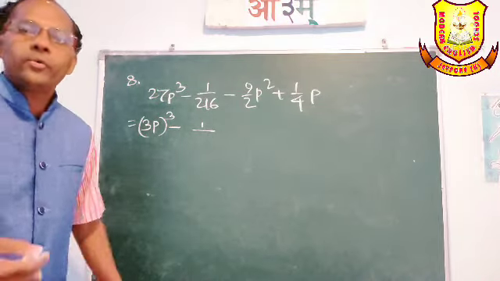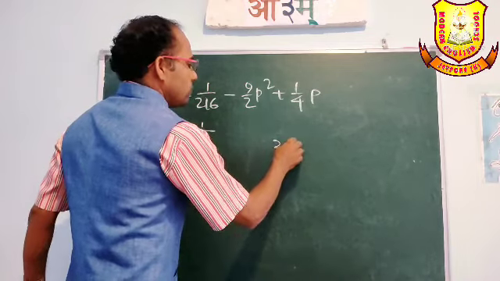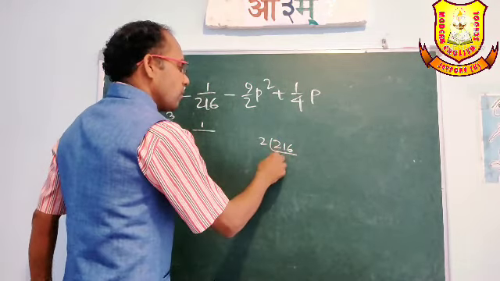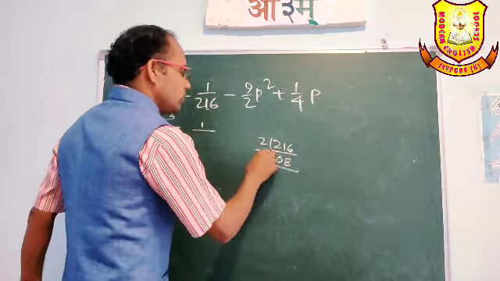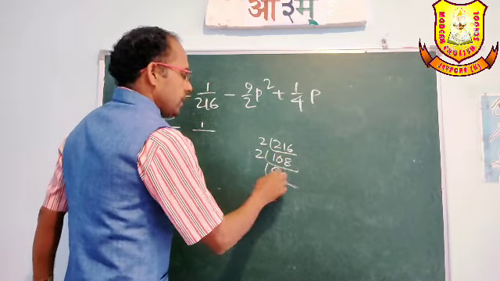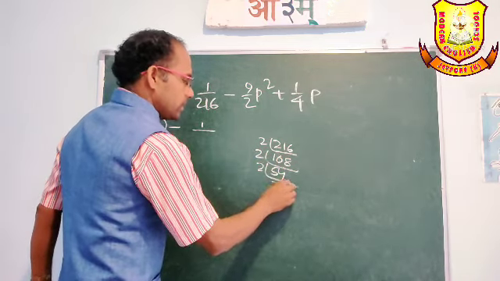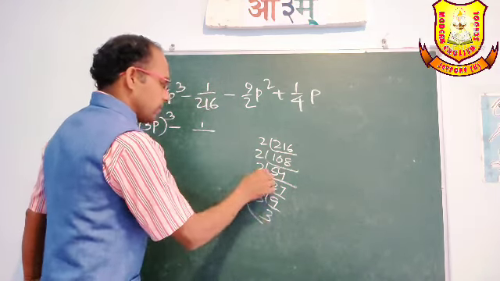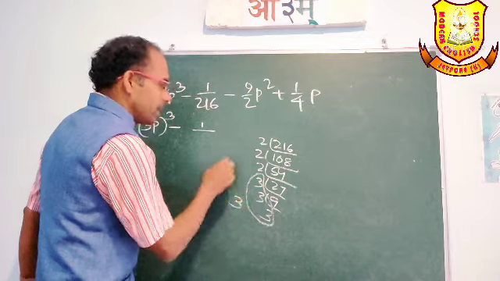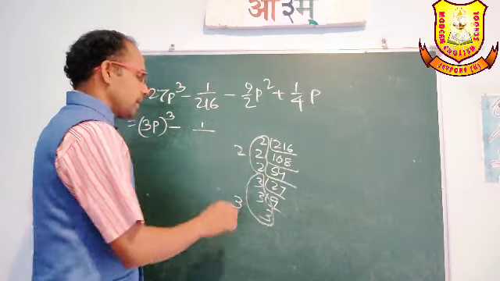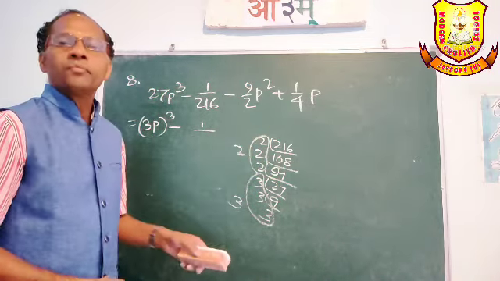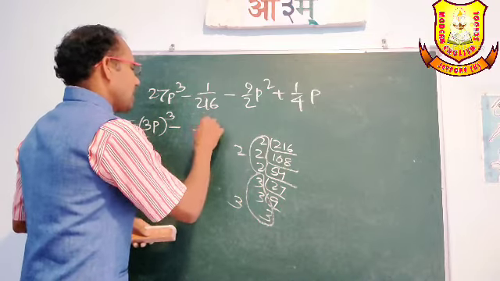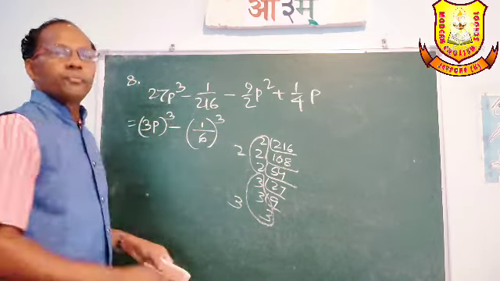If you don't know, you can factorize 216 into 2 into 108, again 2 into 54, again 2 into 27. 3 cube is 27, and 2 cube with 3 cube, 2 times 3 is 6, so it will be (1 by 6) whole cube.